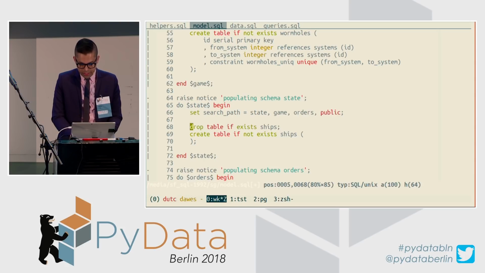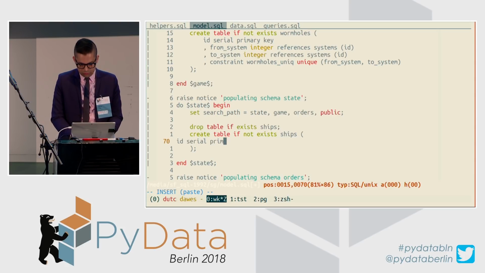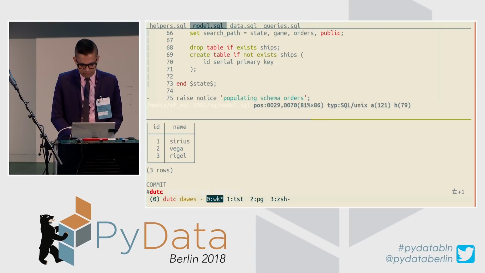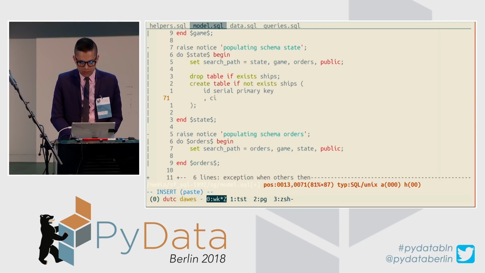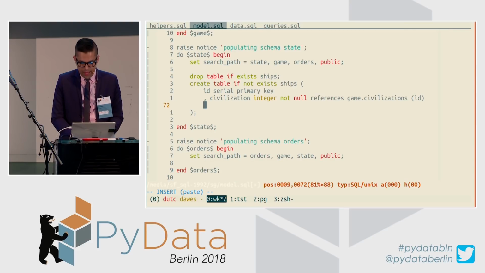So we create a table like that. And what we're going to do is we're going to say a ship belongs to some civilization. A ship has some unit type.